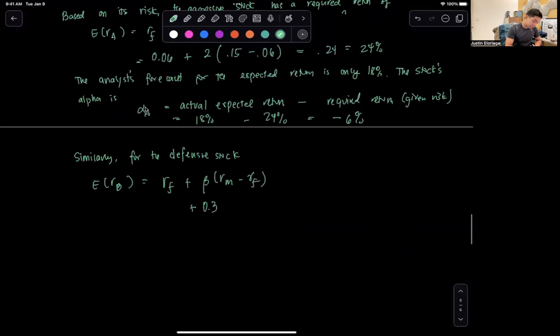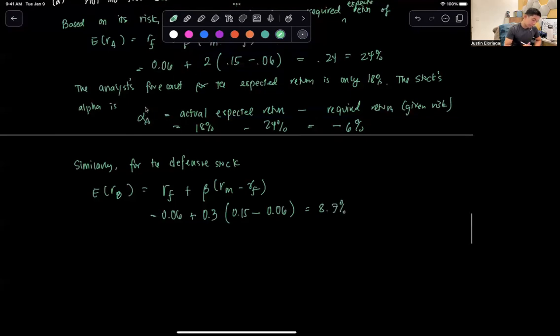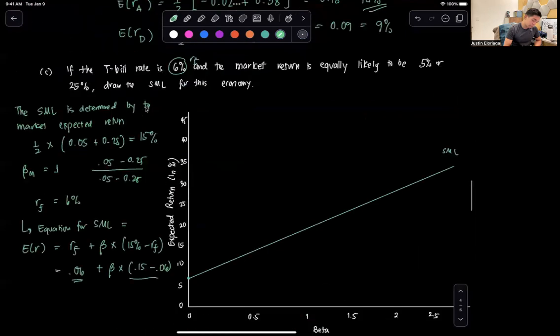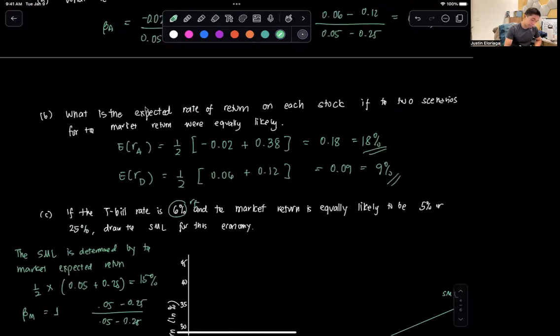Our risk-free rate is still 0.06, plus 0.3 times a 15% return on the market minus the risk-free rate of 0.06. So what we have here is going to be 8.7%. Now, the forecasted return, or the actual return, is 9%, based on our forecast in B.